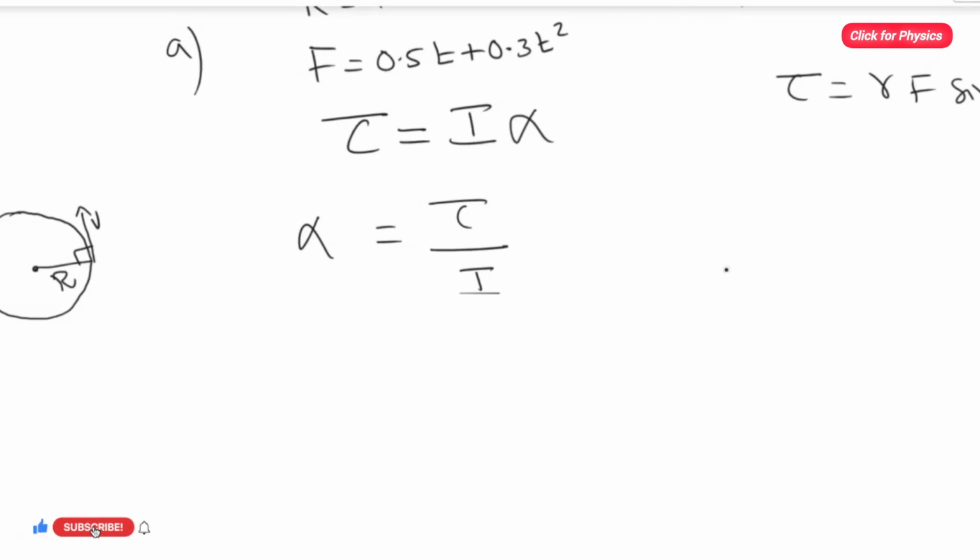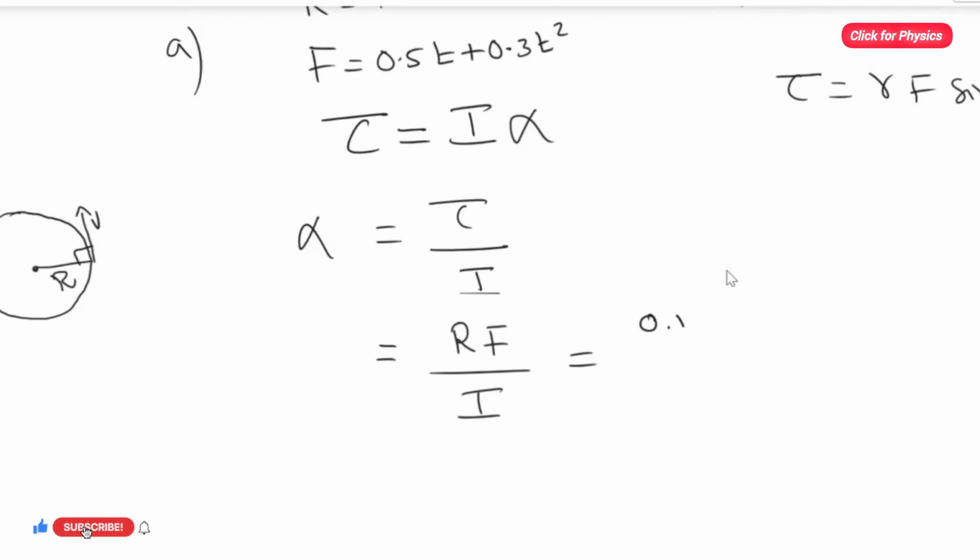Now I am going to substitute the formula for the torque here. R F sine theta, where sine of 90 degrees becomes 1, so alpha is R F divided by I. Let me write a capital R here: R multiplied by F divided by I. Now the R value is given, 10 centimeter, which is equal to 0.1 meter.